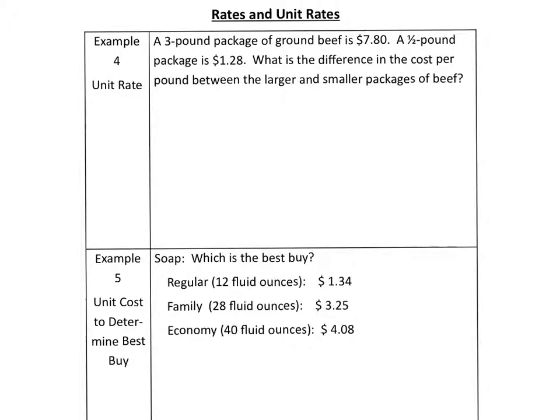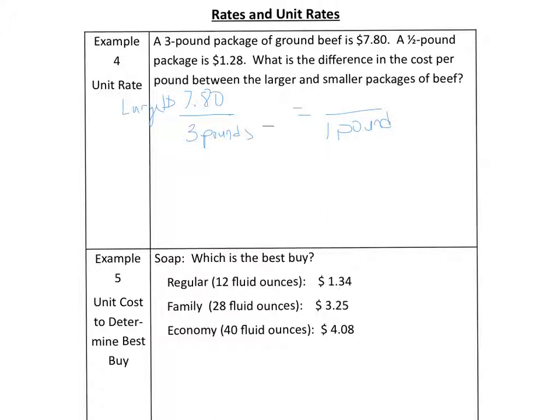What we first have to do is figure out that the large package of beef is $7.80, and we know it's going on top because it's money, and that it is 3 pounds. So we want to know for 1 pound, how much is there?